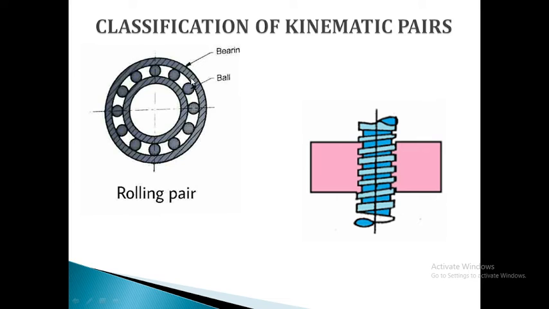See, in a rolling pair, in a roller bearing, these balls roll along the outer circumference of this inner bearing. So the motion of these balls with respect to the inner bearing surface is a type of rolling pair.